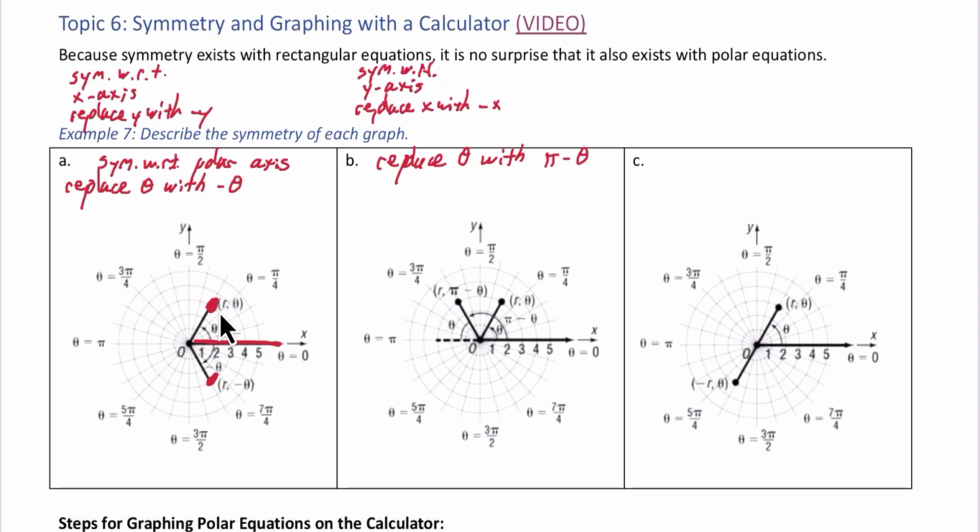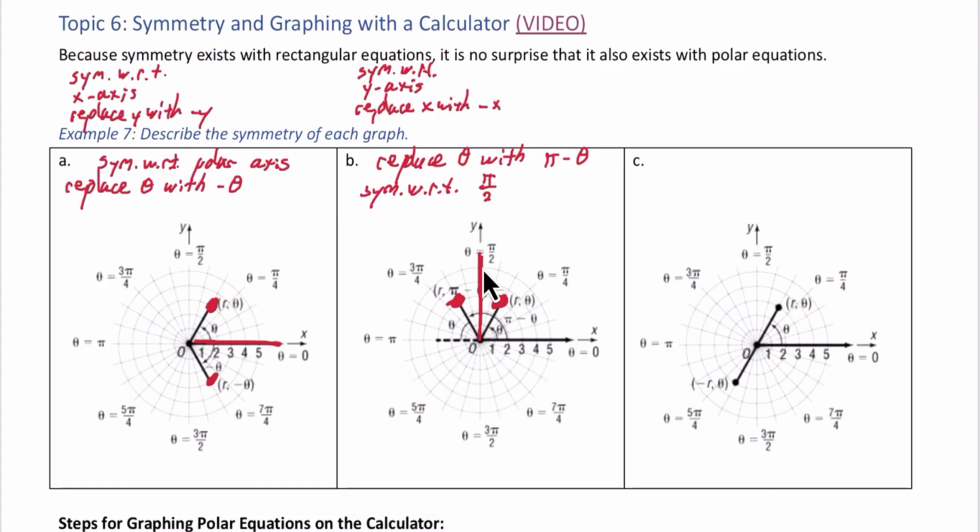And if the result is an equivalent equation, we would have symmetry with respect to the y-axis, or in this case, in polar world, pi halves. So if we have this point, r theta, reflected across the y-axis, or pi halves, we would have a point reflected across, again, the y-axis, or pi halves.